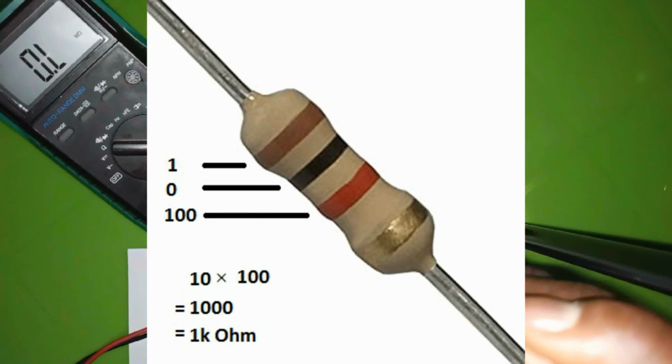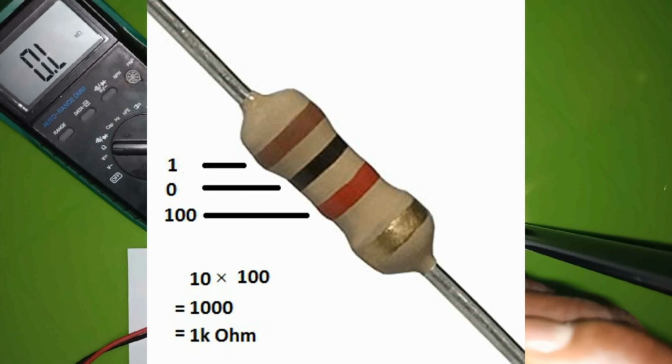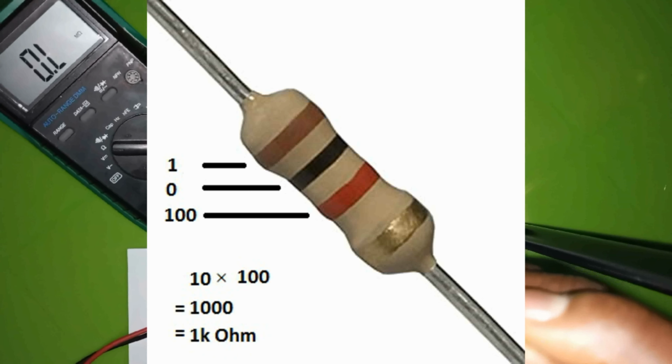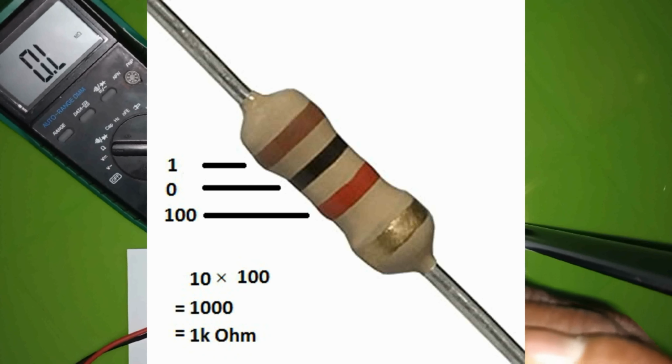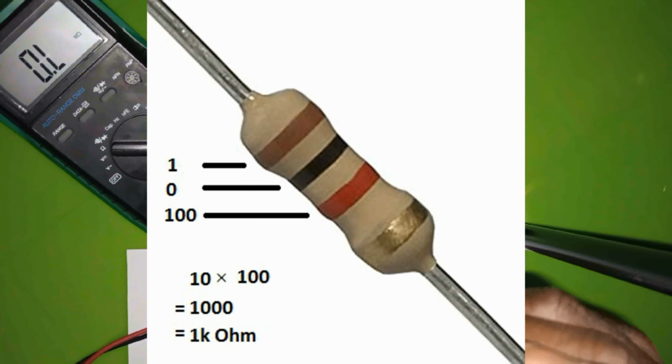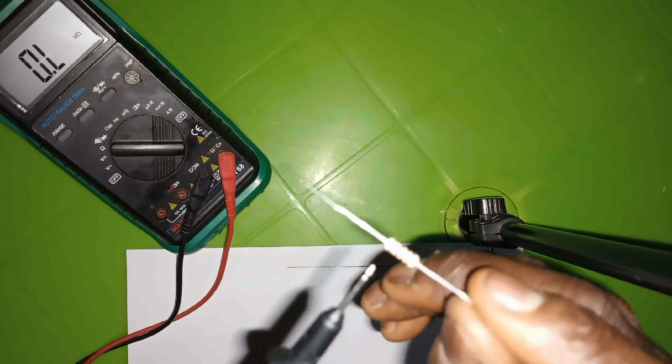The brown is 1, the black is 0, and the multiplier, red, is 100. So we have 10 times 100, which is 1000. This is a 1000 ohm resistor or 1 kilo ohm resistor. The same thing, if I measure this on the multimeter, we're going to get the same value as calculated.